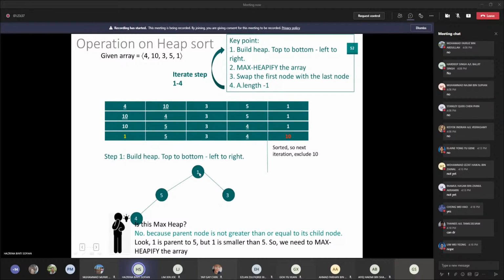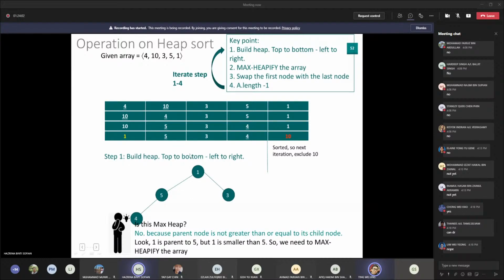Second iteration. Up to here. Right. Let me read the slide for a while. Okay, sorry. So these are after building the max heap, is it? No, max heap. Not yet. Step 1, build max heap, is it?